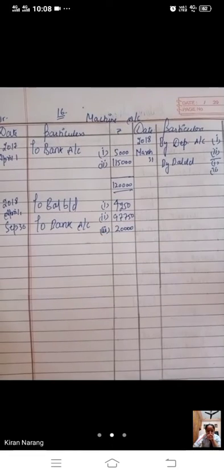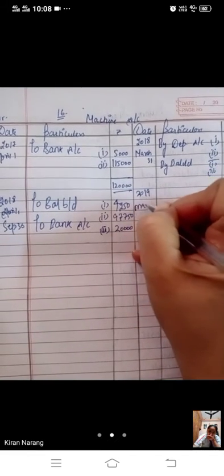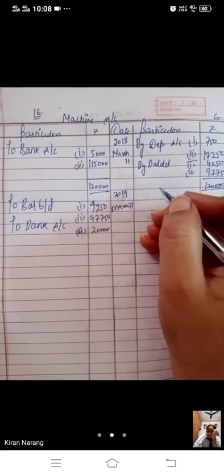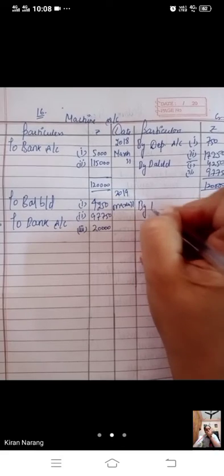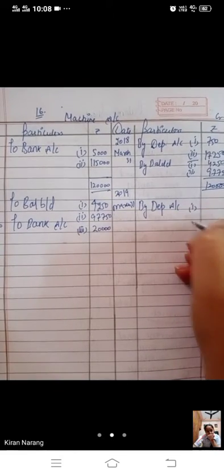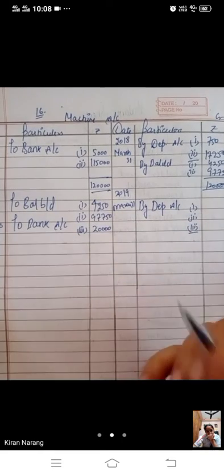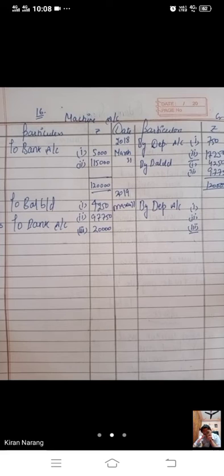Now you are having 3 machines and you will charge 3 depreciations this year. 2019 March 31, you will charge 3 depreciations this year by depreciation account: first, second and third. On 4,250, 15% will be charged.